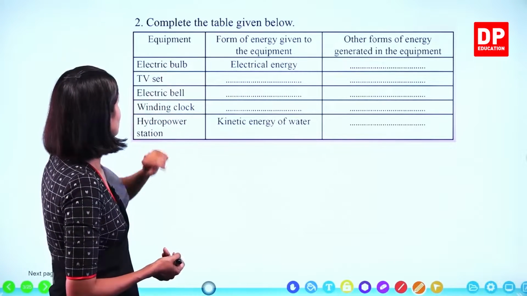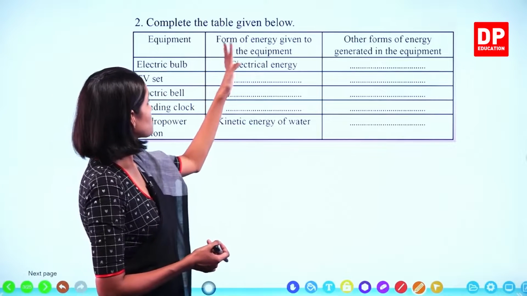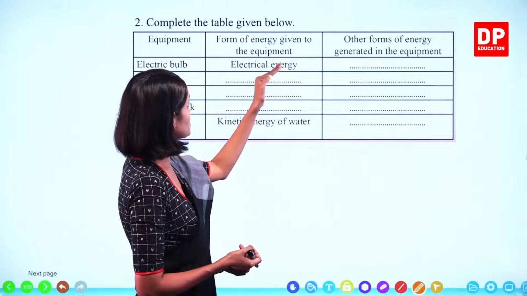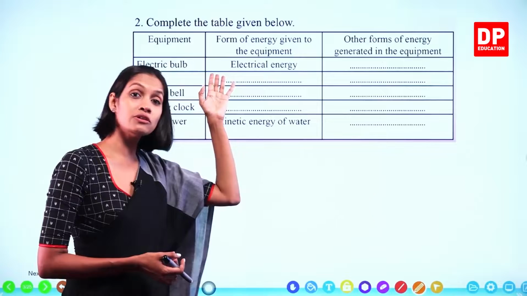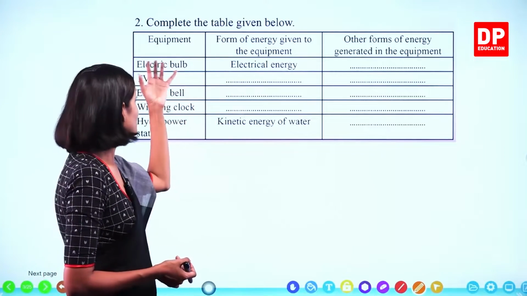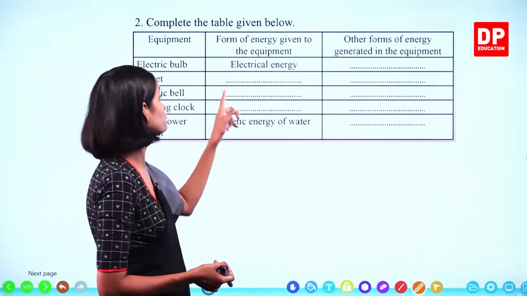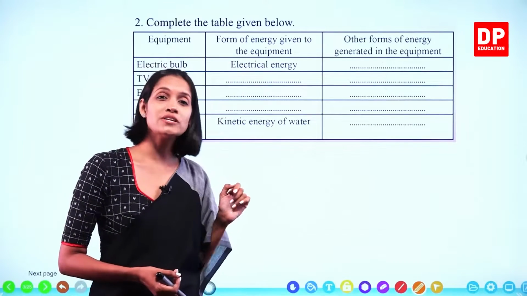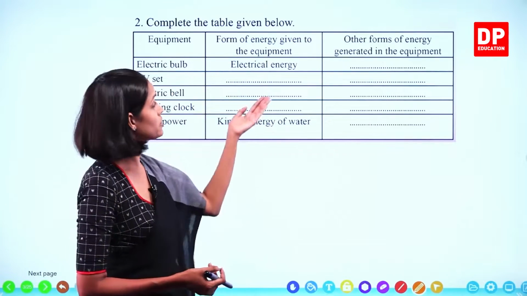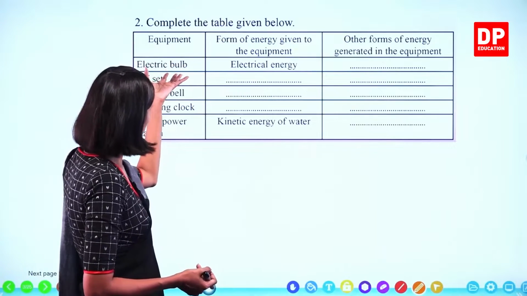So the first one, electric bulb. What are the forms of energy? What is the main form of energy given to the equipment? In order to make this electric bulb work, you have to provide electricity, therefore electrical energy. What are the other forms of energies produced when you use this bulb?